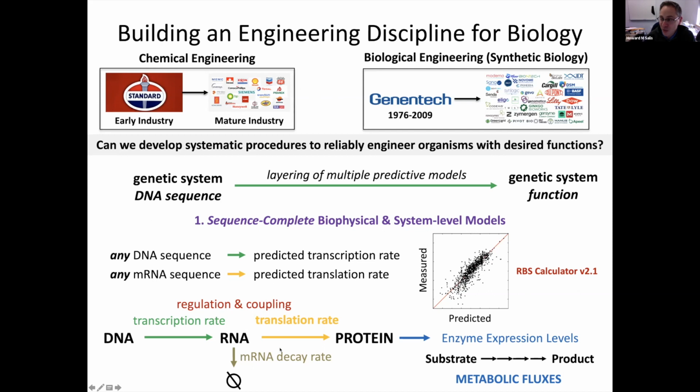So this is not a small endeavor. This is a pretty big endeavor. That's why I like to say it's a discipline. It's not just one paper or one lab. It's all the labs, the entire field has to work together to make this happen. But we have some early examples like the RBS Calculator where it is possible to make these predictions.